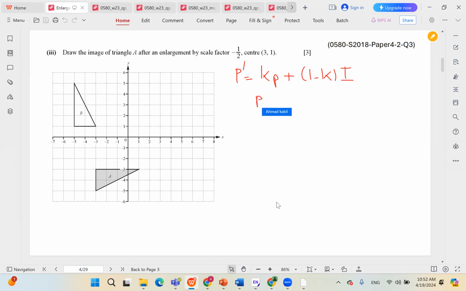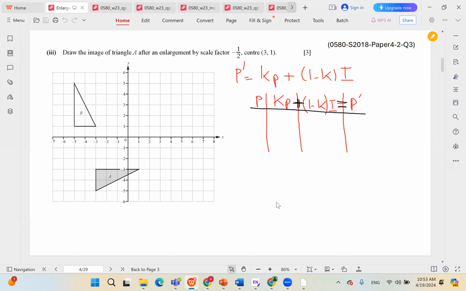So we have P, and then we have KP, and then we have 1 minus K times I. And finally, we have P dash, which is the summation of the second and third columns. So we're just going to add these together in order to get the final image P dash.